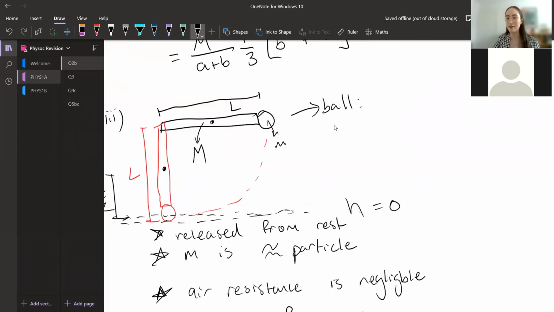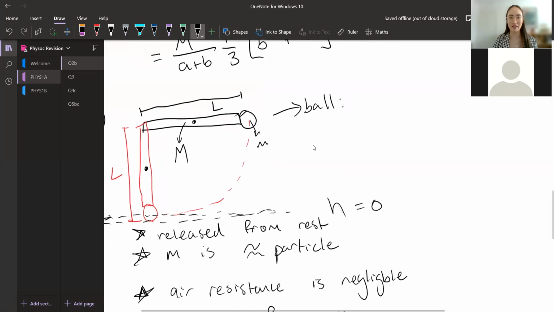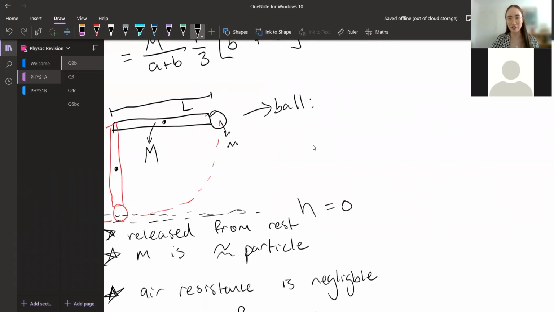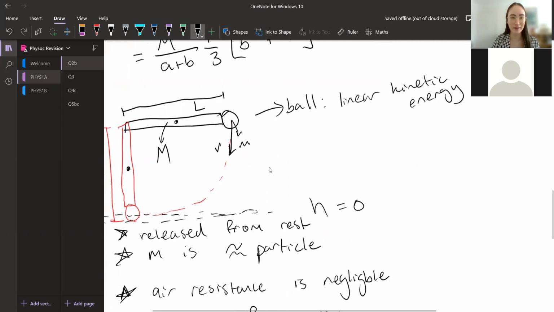So because it's got no physical body, there's no real definition for rotational motion. And we can pretty much define this exclusively just by linear kinetic energy, or linear velocity. It just moves in this v way and doesn't really care about what's rotating about it.